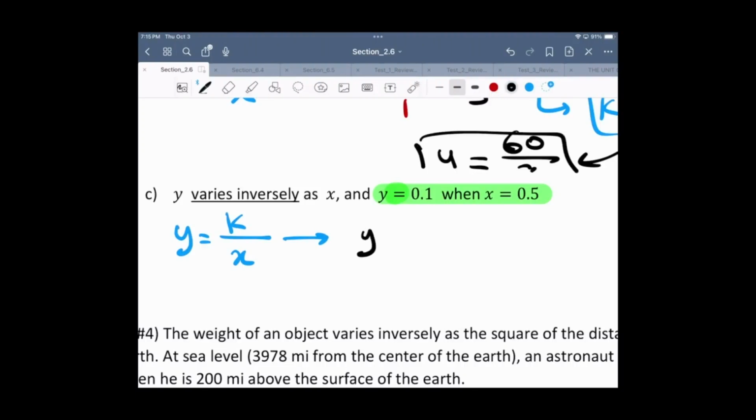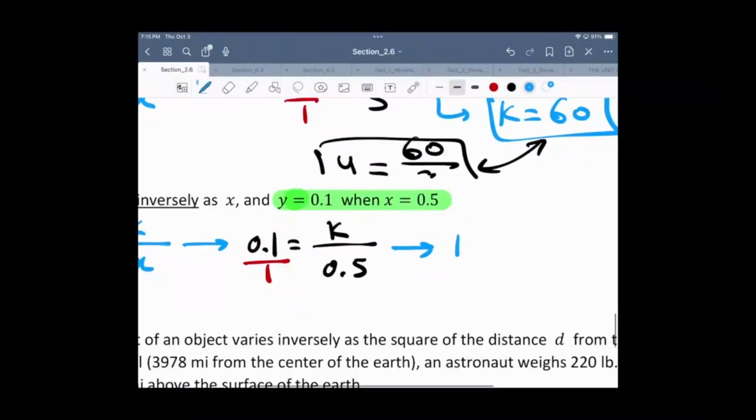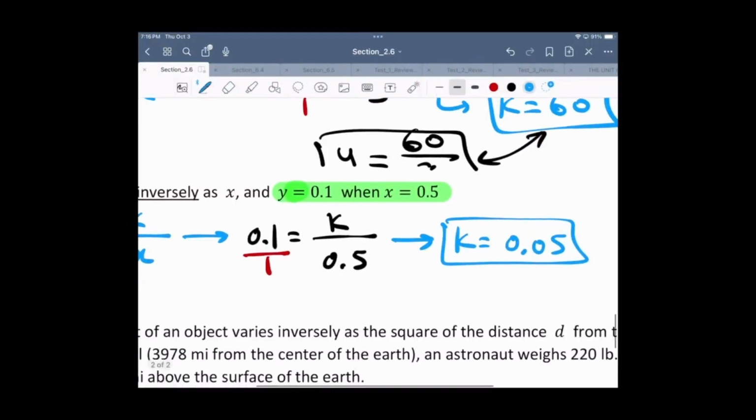And we have y equals k over x, so instead of y, we have 0.1 and x is 0.5. So just cross multiply once again. We get k times 1 is k, and then 0.1 times 0.5 gives us 0.05. So that's one thing that they've asked us to find.